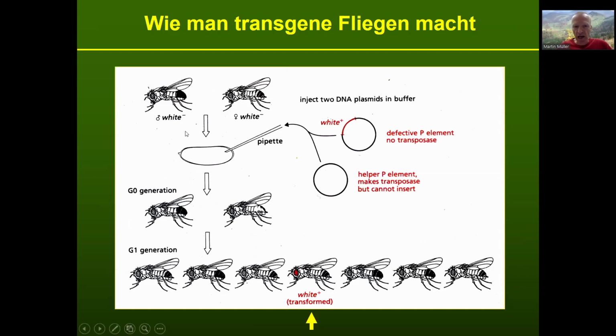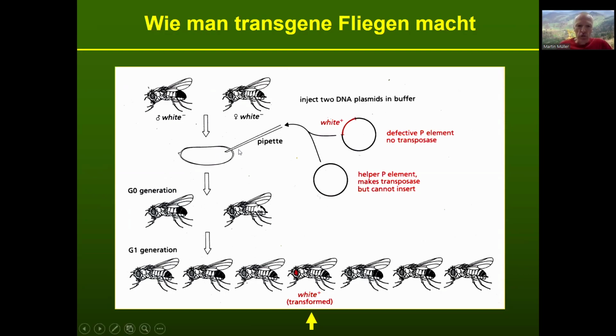And since the eyes develop on this side, none of the cells which will later develop into eye will obtain this plasmid. That's why these flies still have white eyes. When white is expressed in the germ cells, it has no effect on eye color.